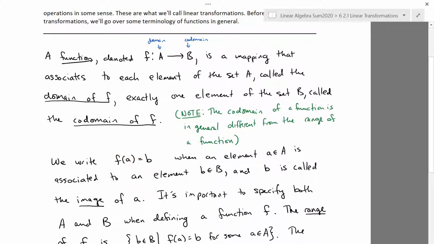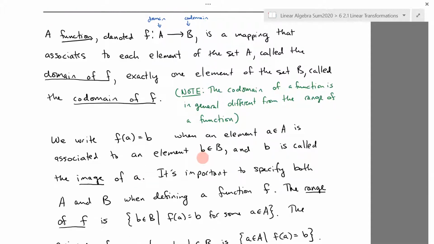So we write f of a is equal to b when an element a in the domain is associated to the element b in the codomain. And this element little b is called the image of the element a. So as I mentioned previously, when we specify a function, we need to specify all three parts: what the domain is, what the codomain is, and the function itself.